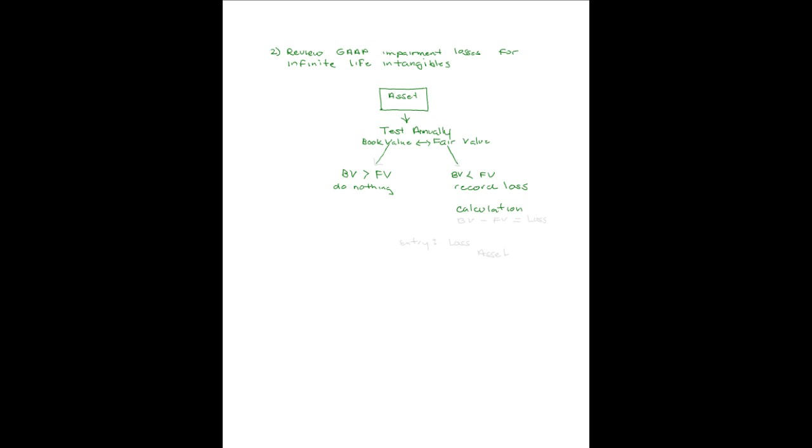When you calculated the first step, you take the book value of the asset and subtract the fair value of the asset, and that equals a loss, which would lead to an entry where you debit a loss and credit the related asset account. That sums it up for infinite life intangibles, and really it's the easiest of the three we looked at because it's just a one-step process.